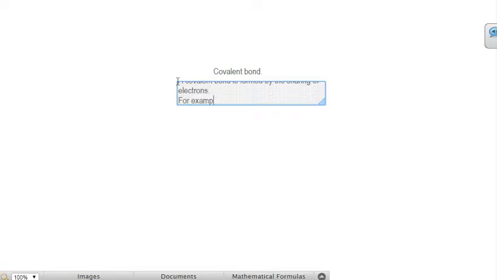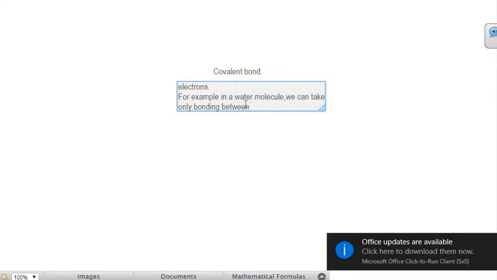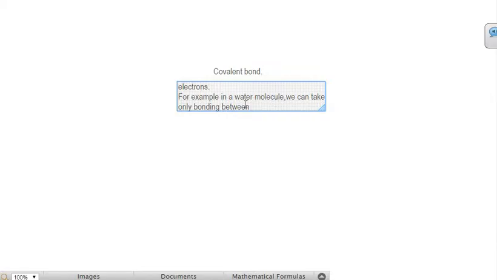For example, in a water molecule, we can take bonding only between hydrogen and oxygen.